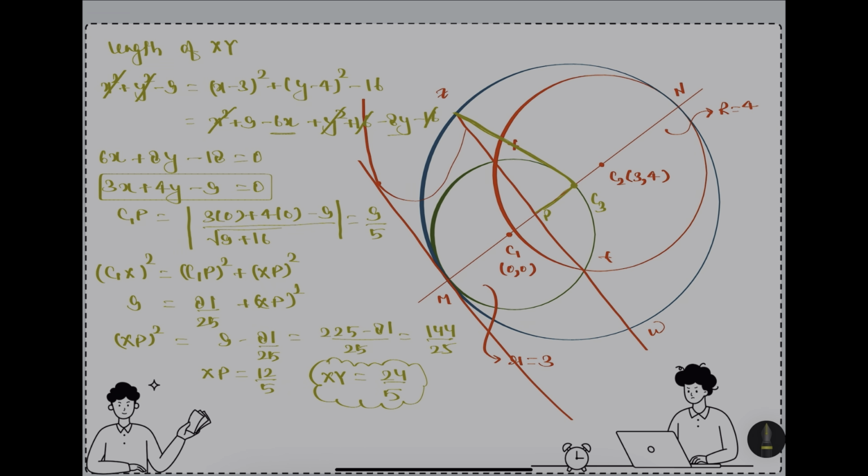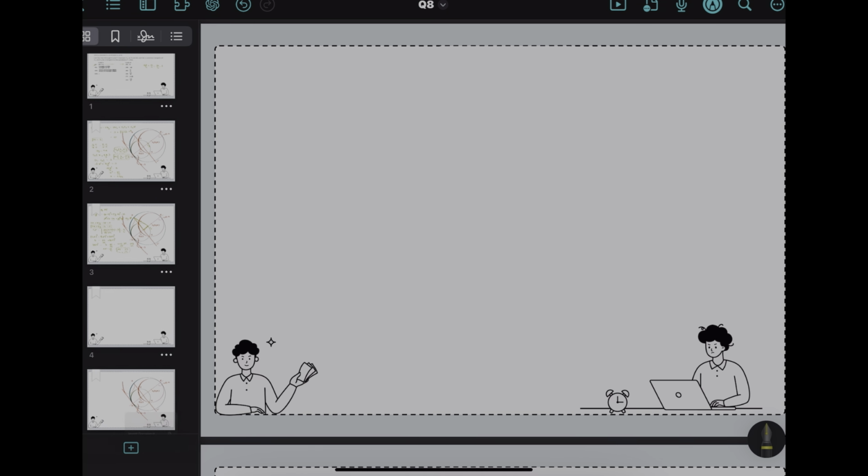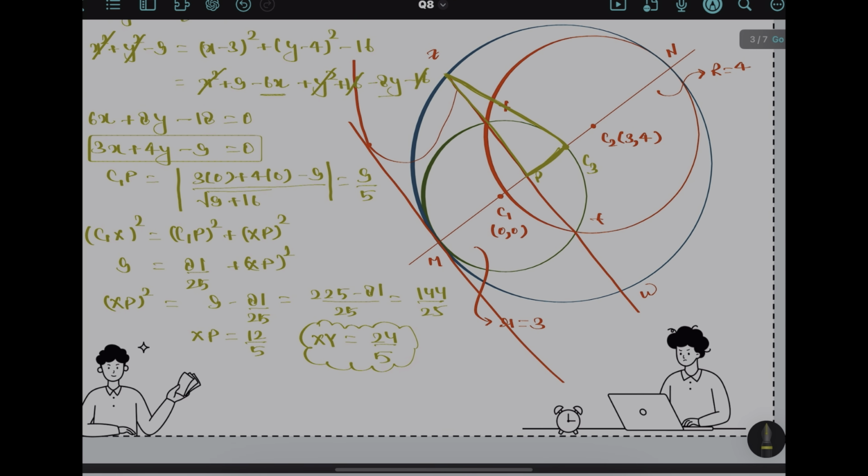This distance we will calculate, and we will end up finding this distance, and then double of that is ZW. I hope till this part it is okay.